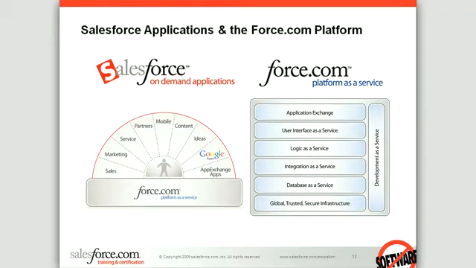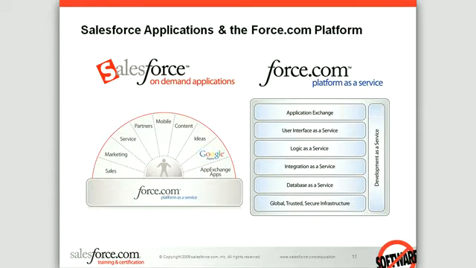At Salesforce, you'll notice that we have two color schemes. You'll see the red to refer to our off-the-shelf applications. We have what we now refer to as our Sales Cloud and our Service Cloud. Those are the pre-built off-the-shelf applications that have a lot of functionality that does not require customization on your part. Then we have what we refer to as Platform as a Service, or Force.com.